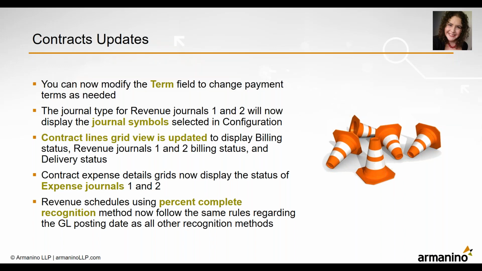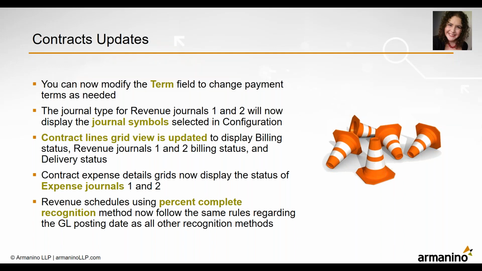Also, there's been a bunch of enhancements to the UI to allow you to see more things. So if you're using the contracts module, as you're probably aware, you couldn't modify the view for those grid views for the revenue and the expense journals. So they have now updated those grid views to allow you to see the journal symbols.